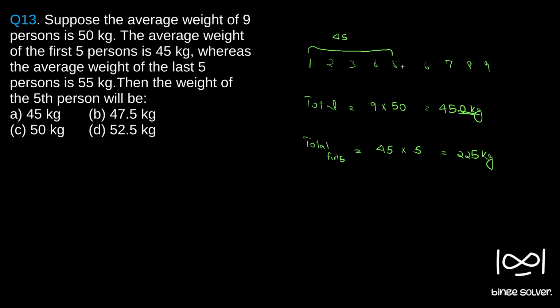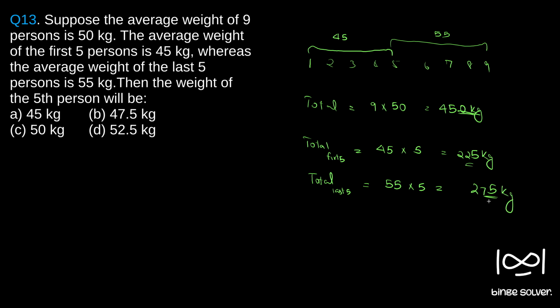Whereas the average weight of the last 5, that is persons 5 to 9, is 55. So the total of the last 5 is 55 into 5, which is 275 kilograms. So this is the total of the first 5 and the total of the last 5.